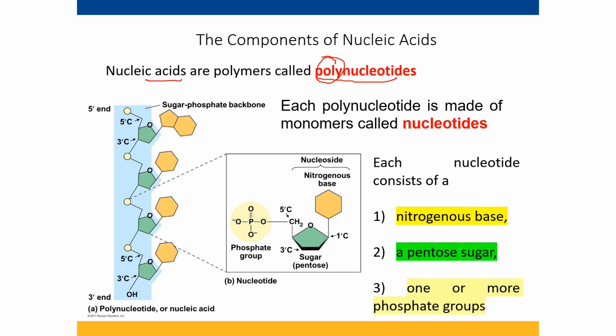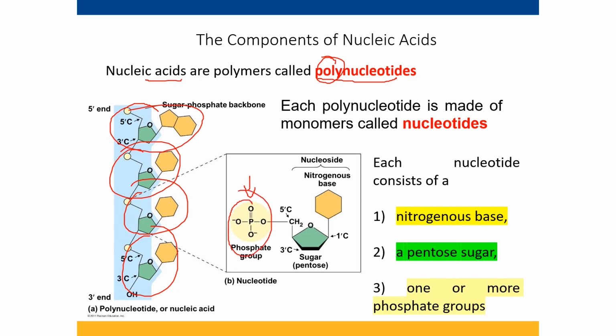And each nucleotide, so you see you have 1, 2, 3, 4, and there are many more. Each one is formed from a phosphate group, a pentose sugar, and a nitrogenous base. So they have a nitrogenous base and pentose sugar and a phosphate group. And here, for example, you can see carbons and you can see hydrogens.